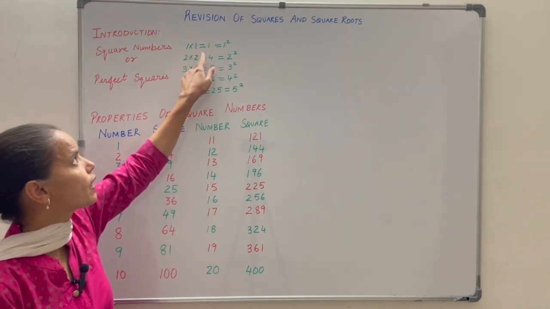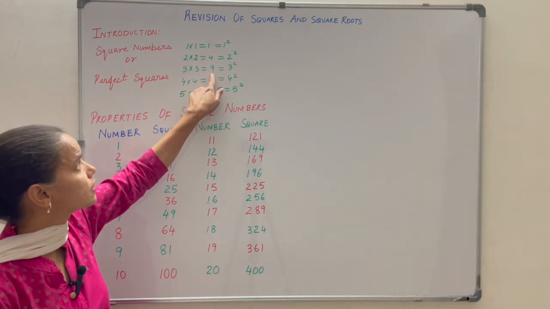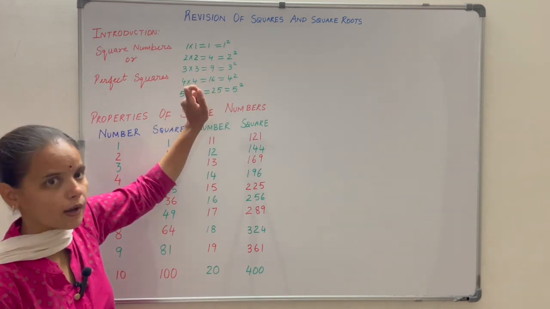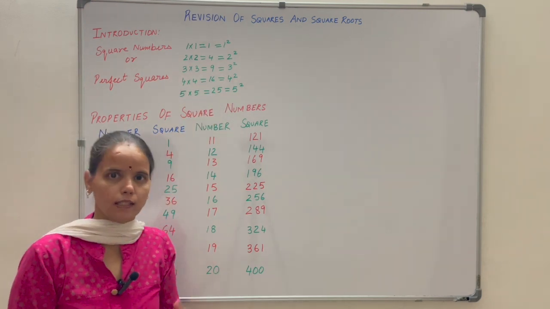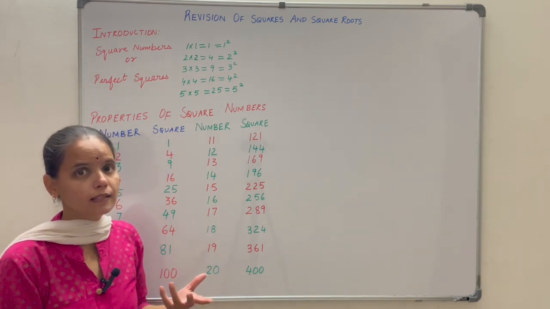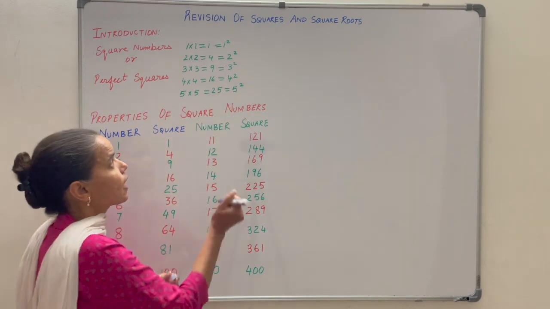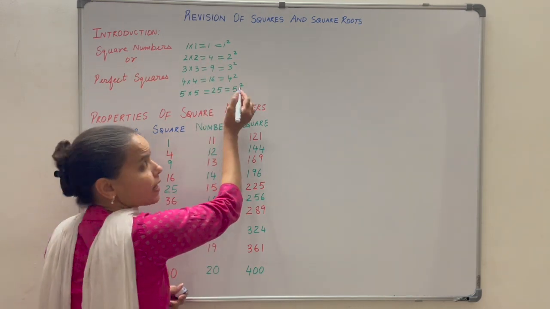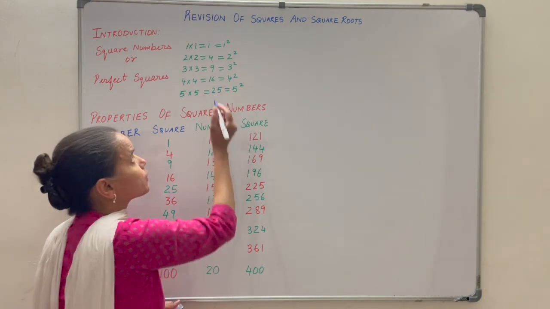That means 1 square is 1, 2 square is 4, 3 square is 9, 4 square is 16, 5 square is 25, 6 square is 36, and so on. A square number can also be defined as follows: if a natural number m is expressed as n square, where n is also a natural number, then m is called a perfect square.